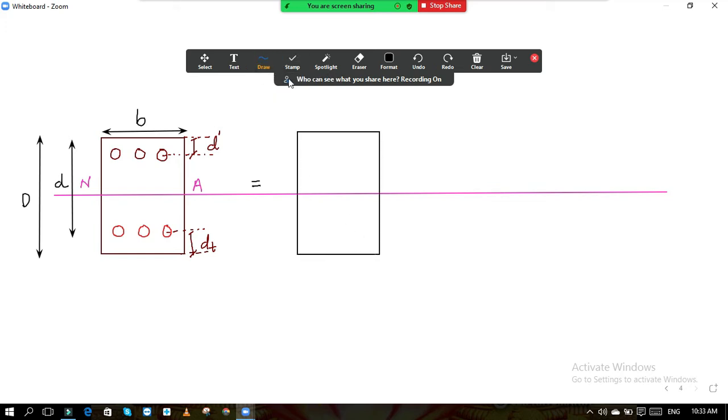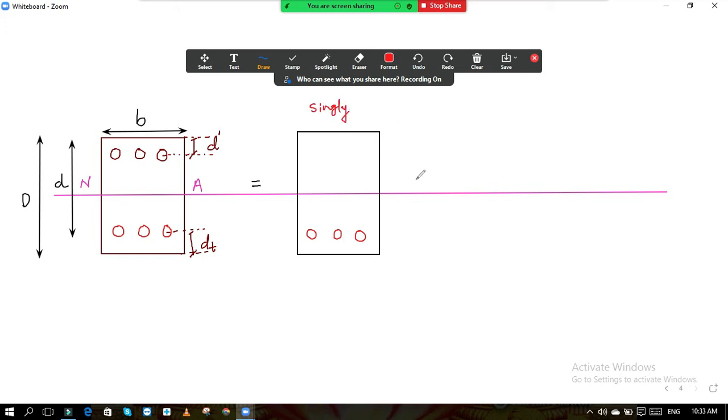What is there in the singly reinforced section? Here we have provided area of steel. So this is steel. There is no reinforcement in the compression zone which we design. We provide the nominal reinforcement over there. So this is your simple singly reinforced section.